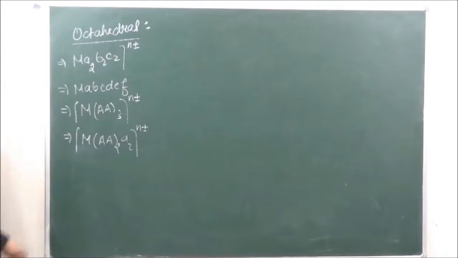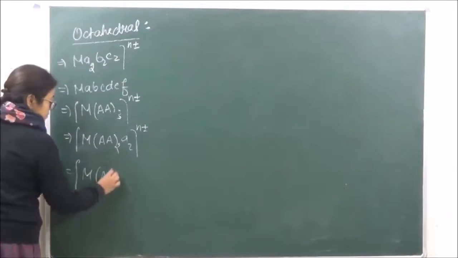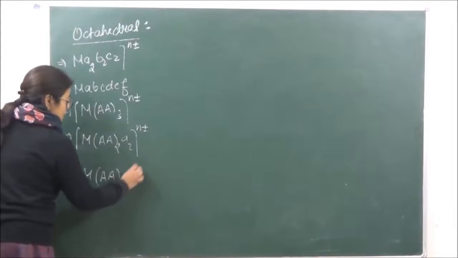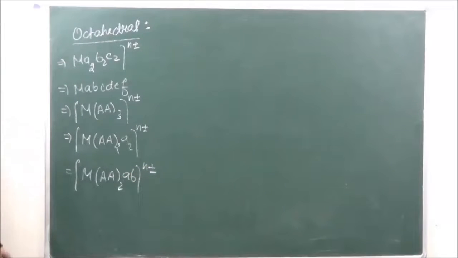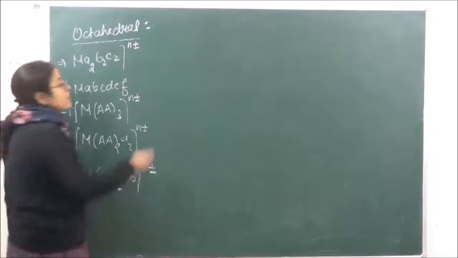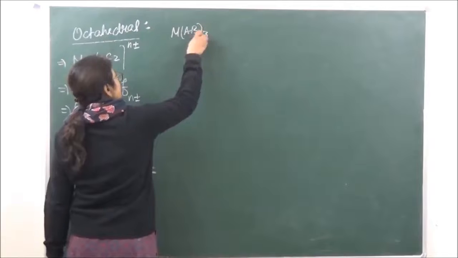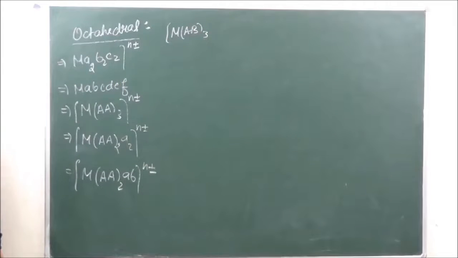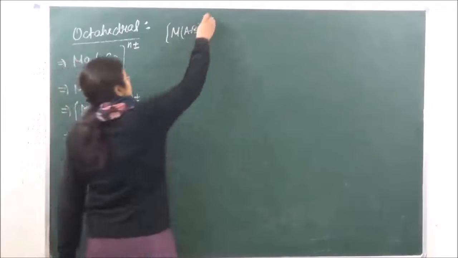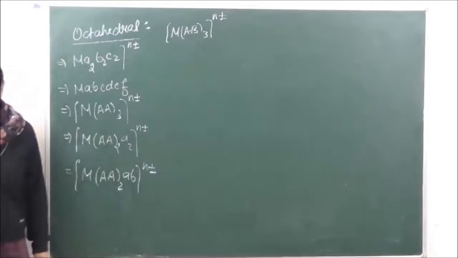And then of the type M(AA)2b2, and then finally this is going to be an unsymmetrical bidentate ligand over here, M(AB)3. All of these are going to show optical activity.